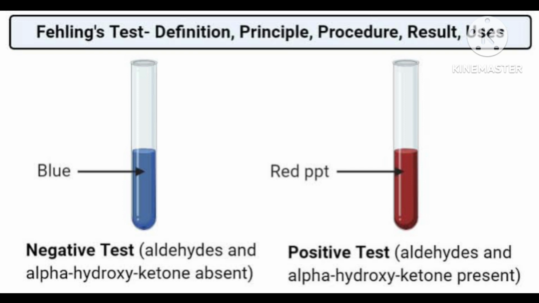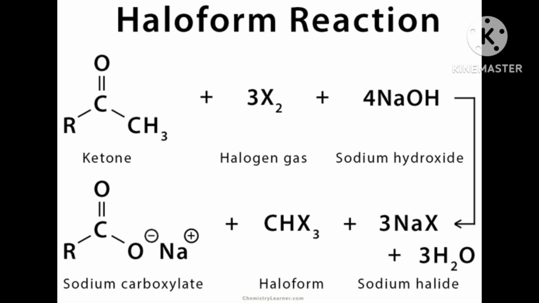Now come to the Fehling's test. Fehling's reagent comprises two solutions. What is Fehling's reagent? It is a mixture of two solutions. What are those two solutions? Fehling's solution A and Fehling's solution B. What are A and B?